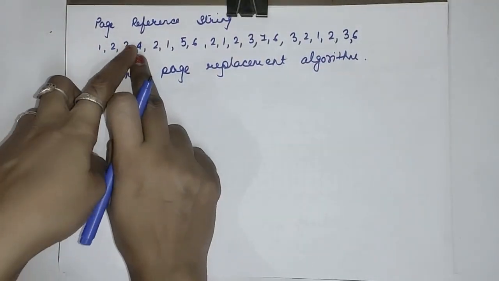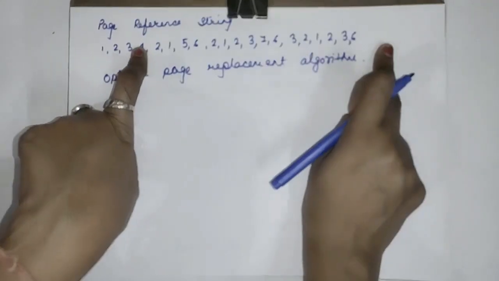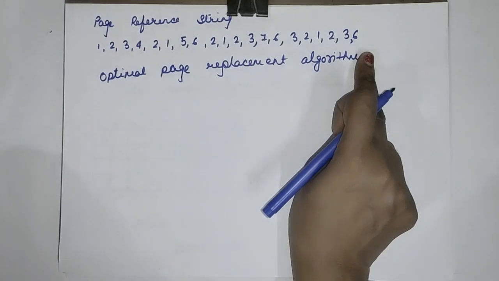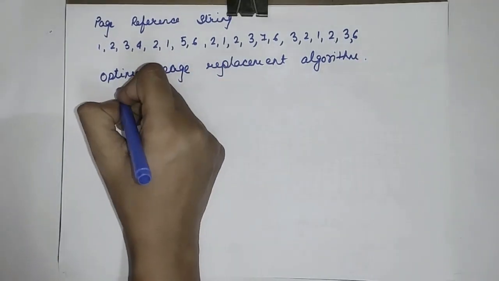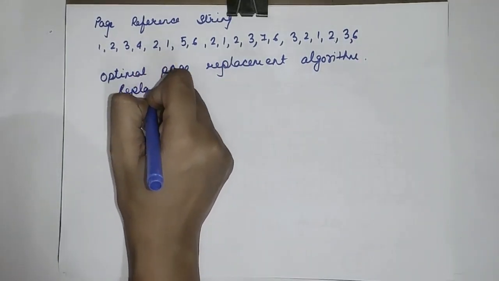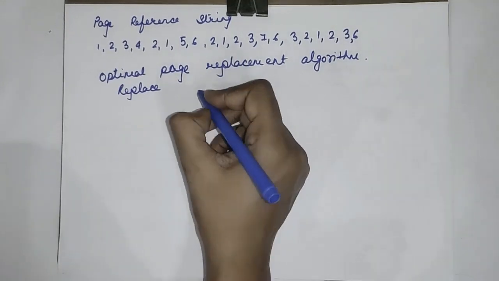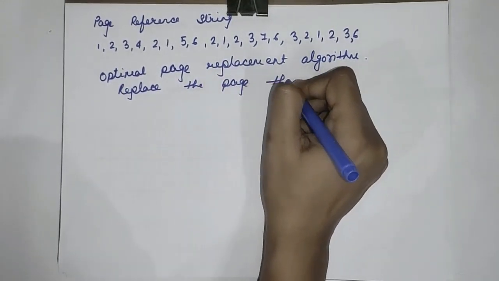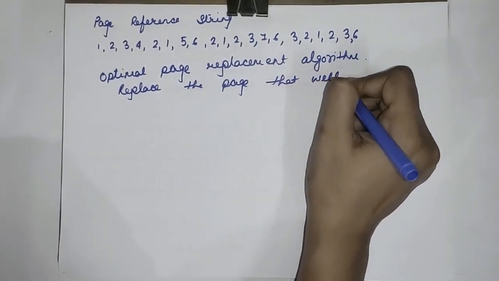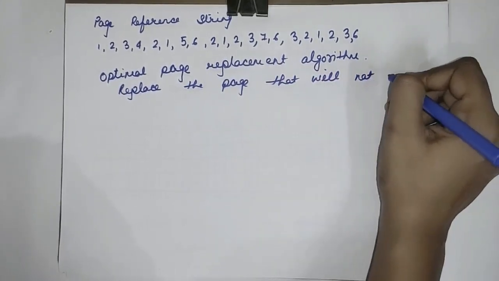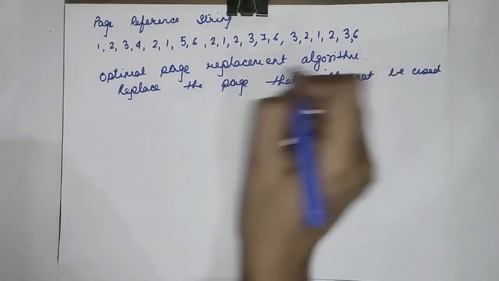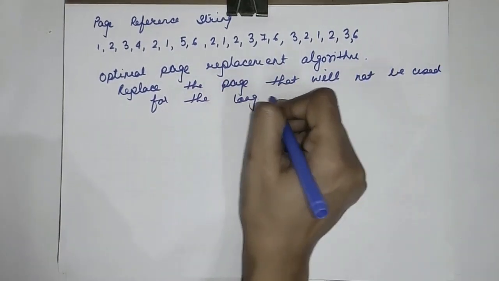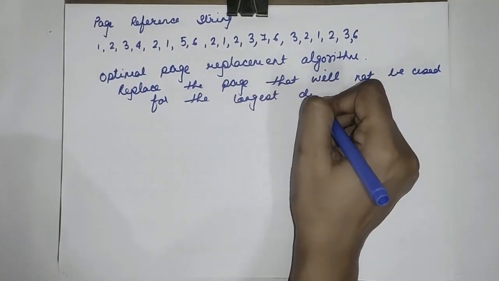If I am at a particular instance, then I can see in the future which particular page will not be used, and then I'm going to replace that particular page. So you replace the page that will not be used for the longest duration.